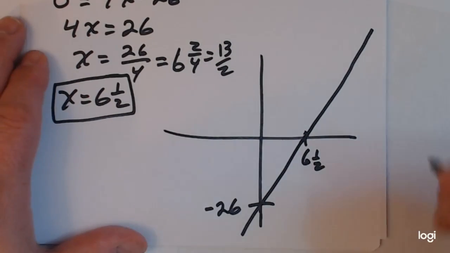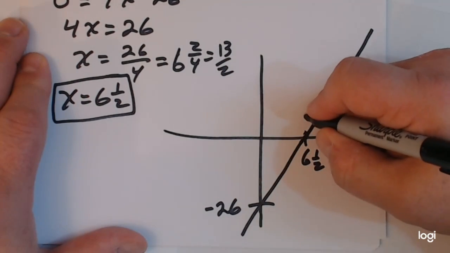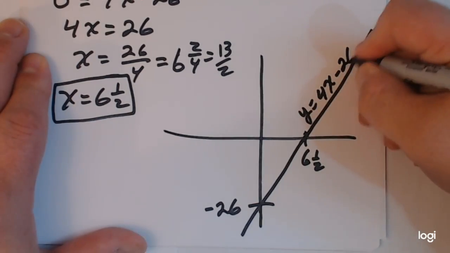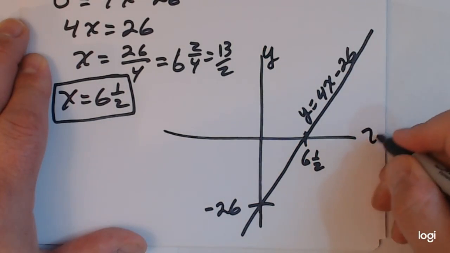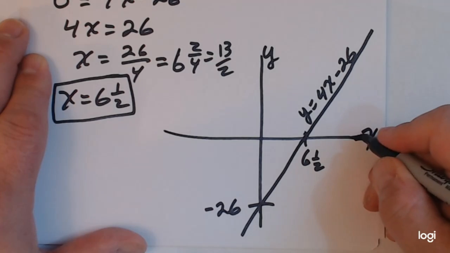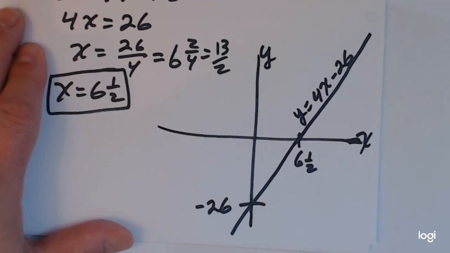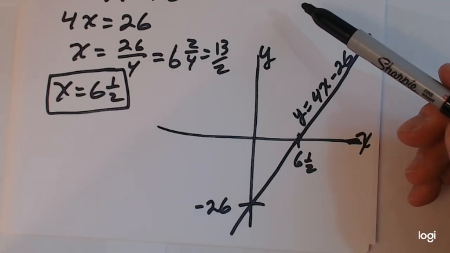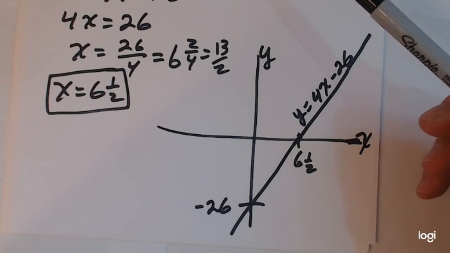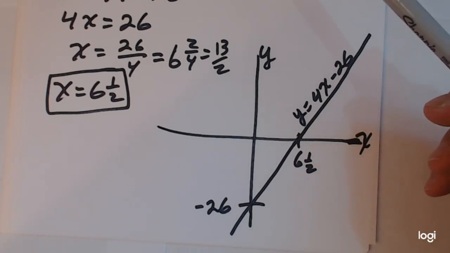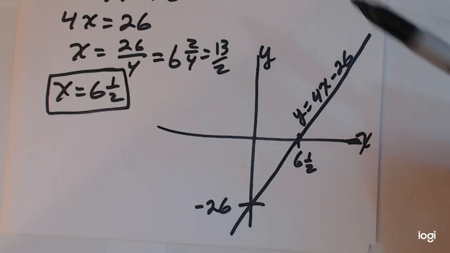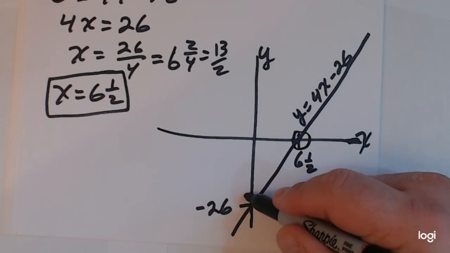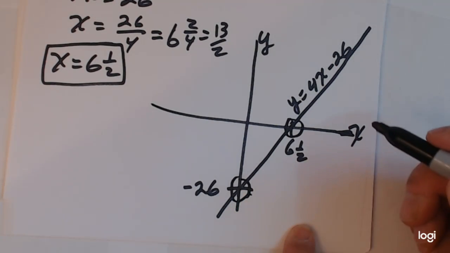So there's our line. Let's label the line, which is y is equal to 4x minus 26. And so y equals 4x minus 26 is the equation of a line that goes through the point 6, negative 2, and has a slope of 4. It has our intercepts at x equals 6.5 and y equals negative 26.